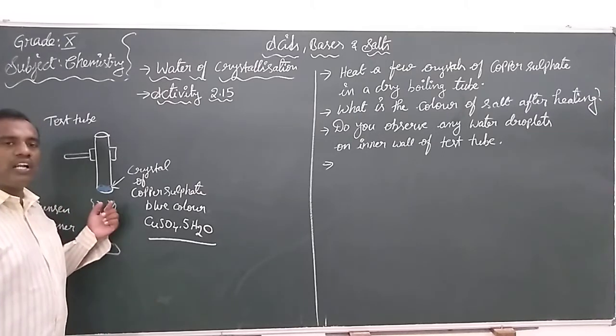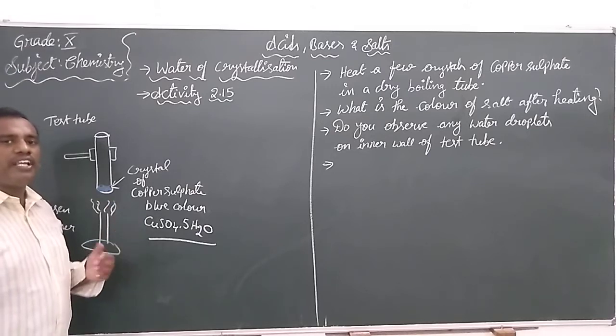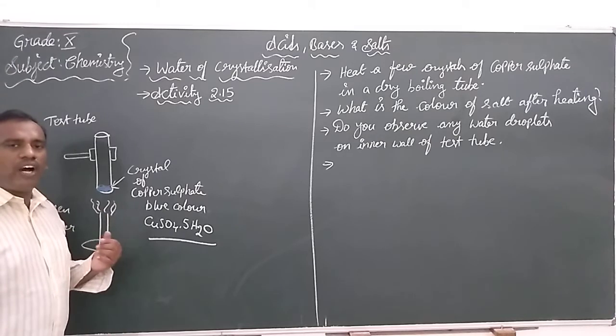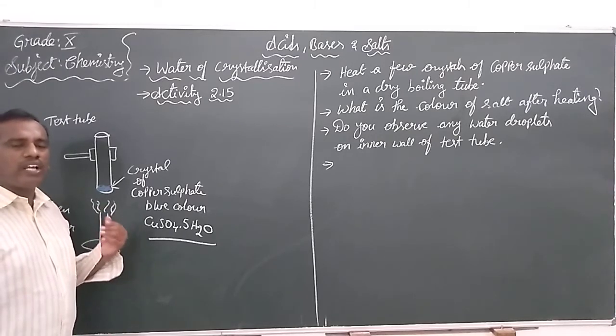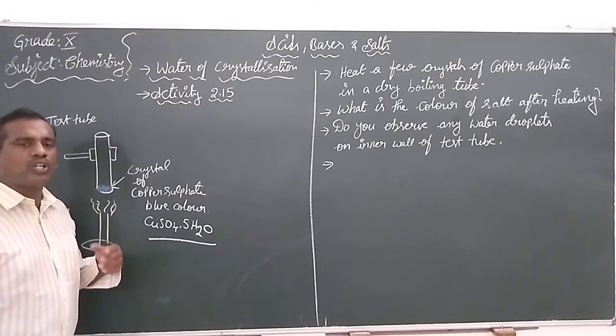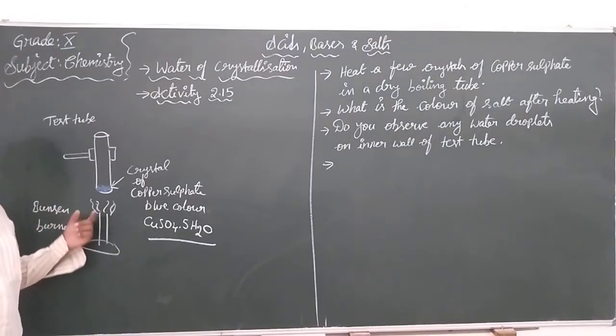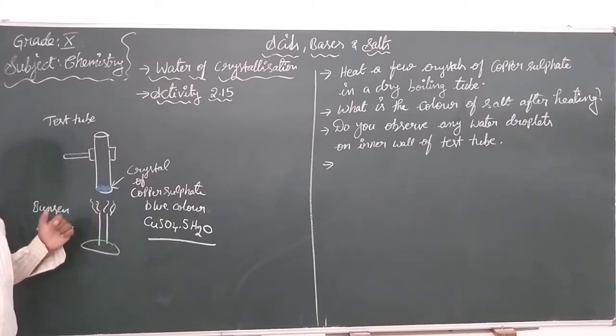Now what is the color of copper sulfate salt you are observing? Blue color. In order to confirm whether it is having the fixed number of water molecules or not, we start heating this test tube containing blue color copper sulfate with the help of a Bunsen burner.